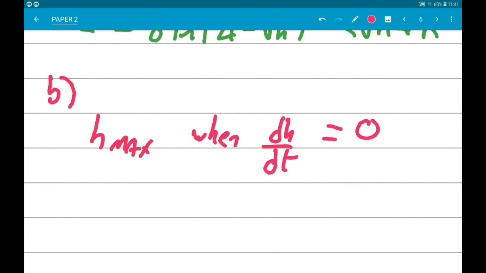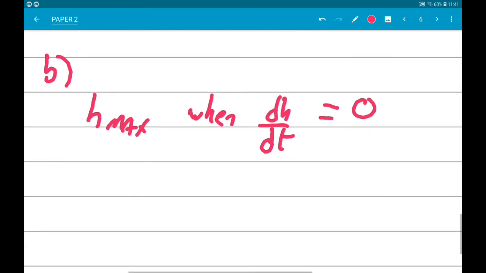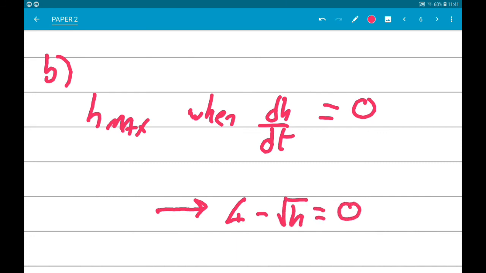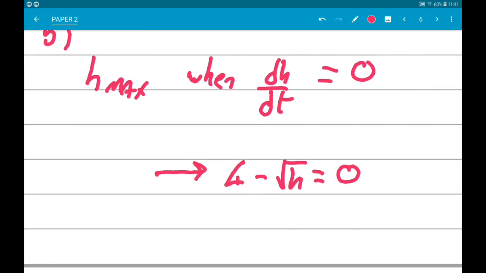So that means that 4 minus root h must be 0. So that tells us that h is 16, or h max is 16.